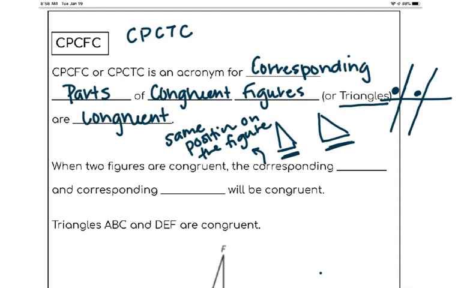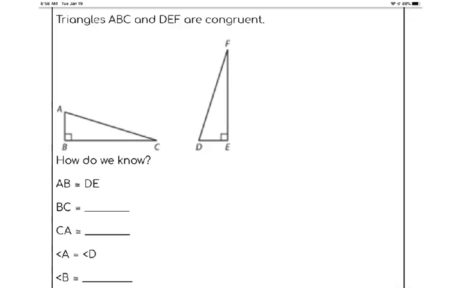When two triangles are congruent, the corresponding sides as well as the corresponding angles are going to be congruent every single time, especially if a rigid transformation has occurred.